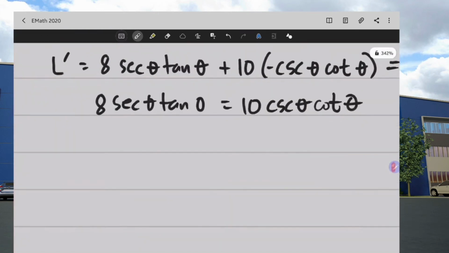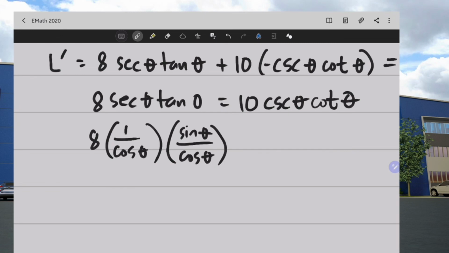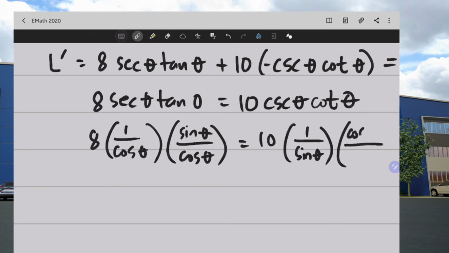Then let's simplify this. Okay, pwedeng ganito. Secant is 1 over cosine theta and tangent is sine theta over cosine theta. That is equal to 10 times cosecant is 1 over sine theta, cotangent is cosine theta over sine theta.